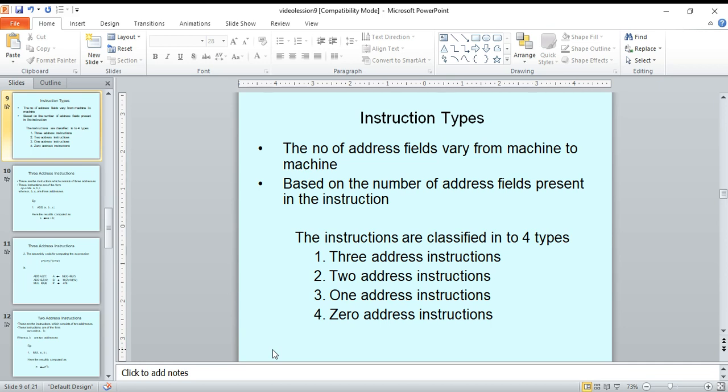So based on the number of address fields present in the instruction, the instructions are classified into four types: three address instructions, two address instructions, one address instructions, and zero address instructions.